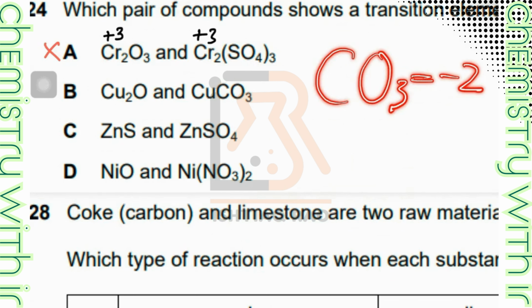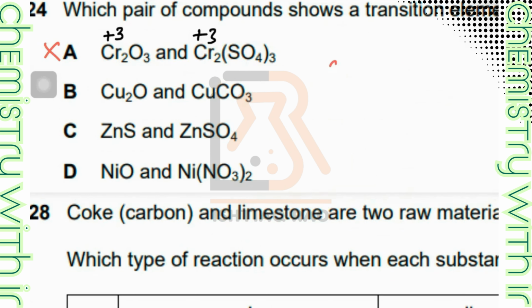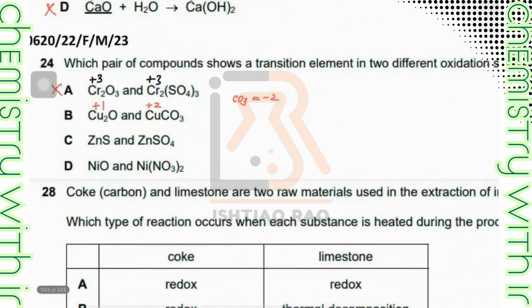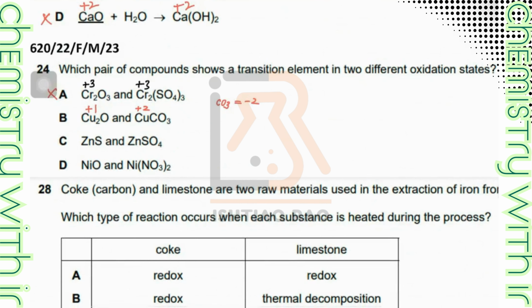If CO3 is -2, can you see any number over there? No. Why? Because the charge of copper is also +2. They are going to cancel each other. So plus 2 and plus 1, they are different oxidation numbers. So yes, this is your correct option.